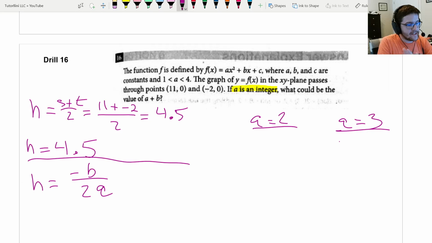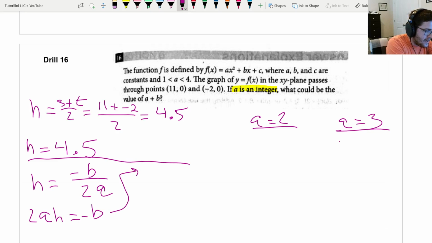So we're trying to find b. So why don't I do a literal equation and solve for b? So I'm going to multiply both sides by 2a. I get 2ah equals negative b. And now I'm going to multiply both sides by negative 1. And I get b equals negative 2ah.